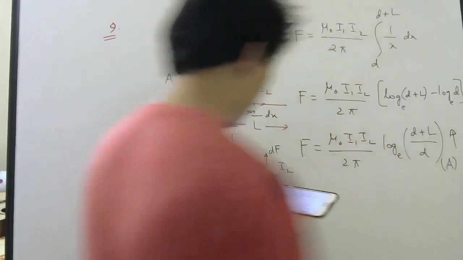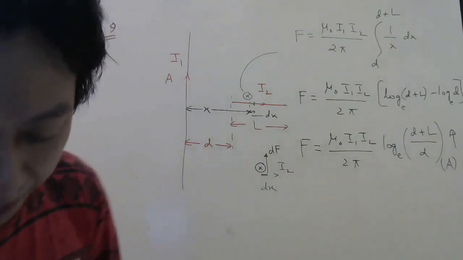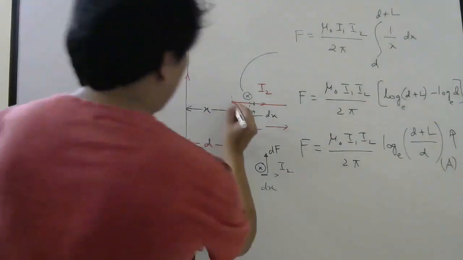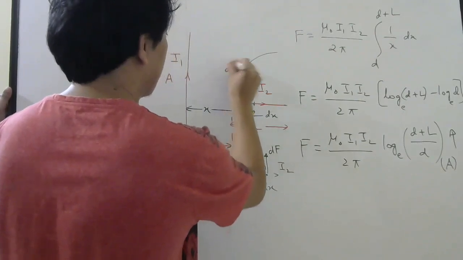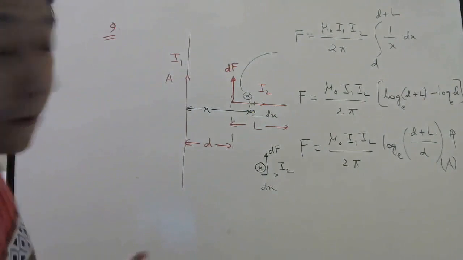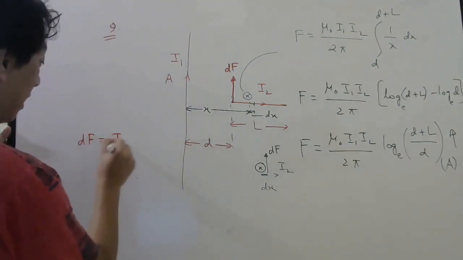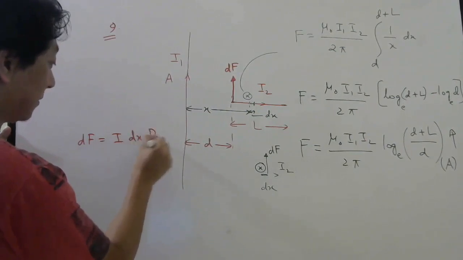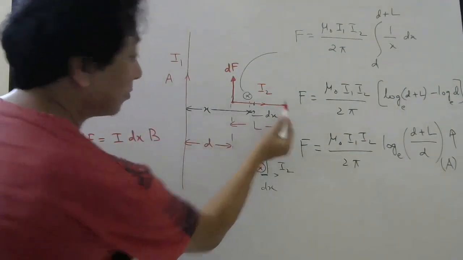Force is upward. What about torque? Will this wire feel a torque? Think carefully. This part, I told, will feel a force dF. This part will also feel a force dF. But dF, what did I write? dF equals I dx B. Yes or no? Now, is B more here or here?